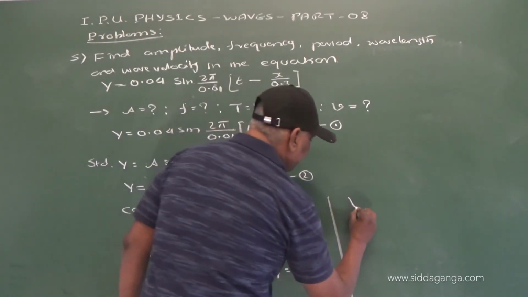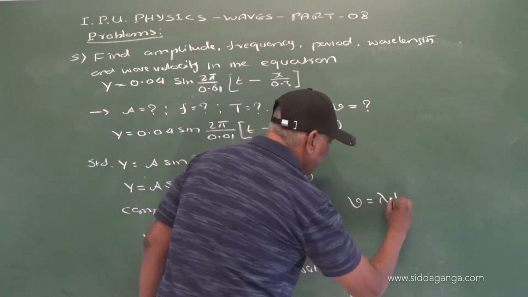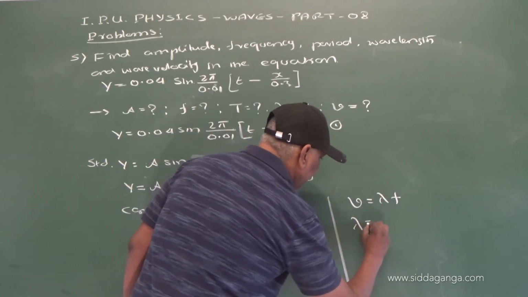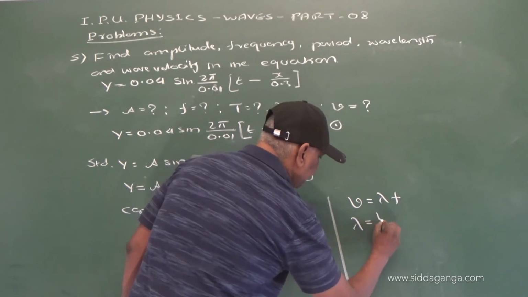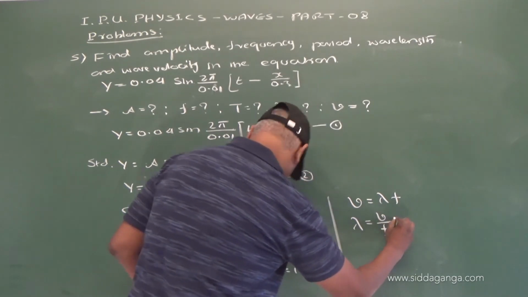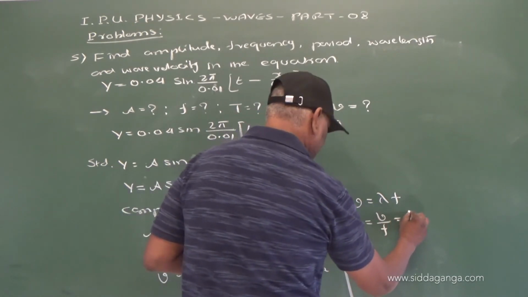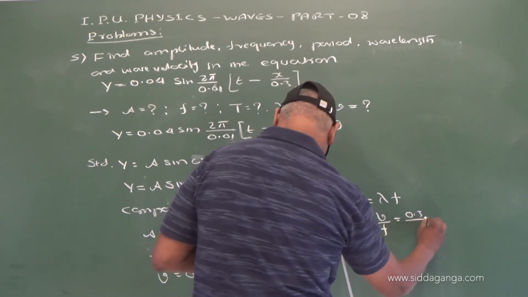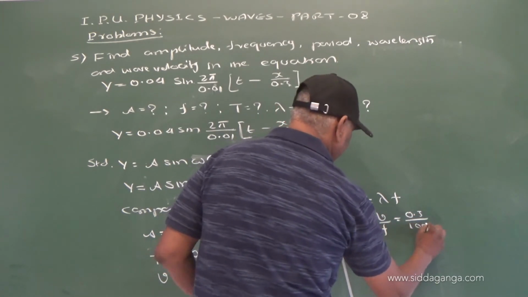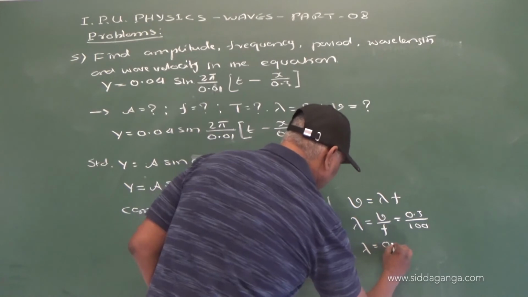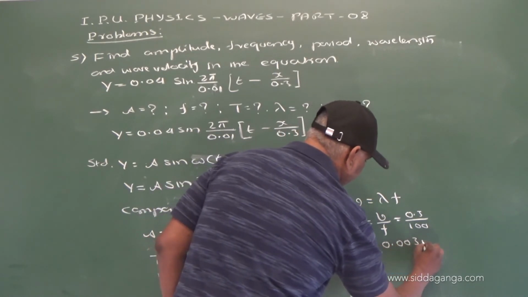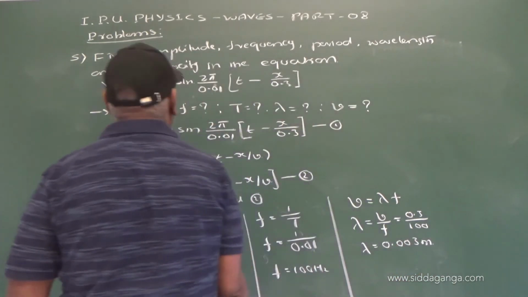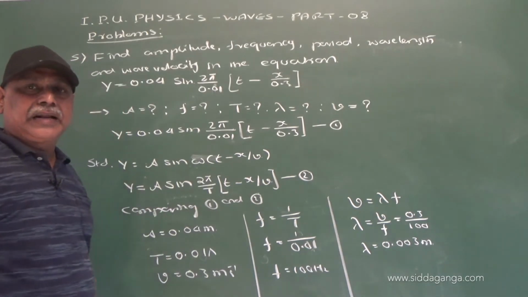We have velocity v is equal to lambda into f, or lambda is equal to v by f, that is equal to 0.3 by 100, that is lambda is equal to 0.003 meter.